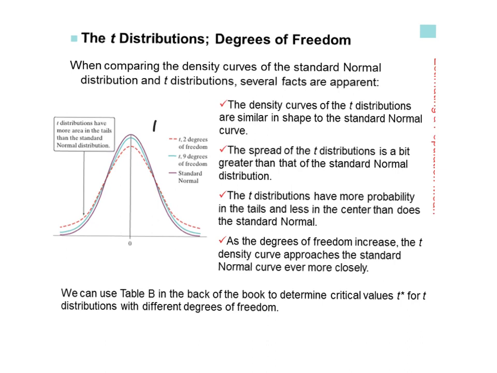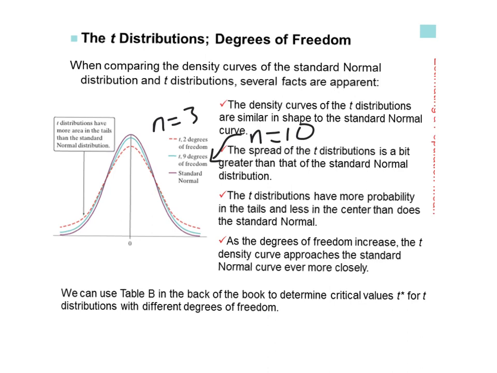So that would mean that's a t distribution that was the result of taking a sample of 3. 9 degrees of freedom would come from sample size 10, and standard normal, the purple one, is the actual z distribution. As your degrees of freedom go up, the t starts to basically turn into the z. It gets closer and closer to looking like the z.